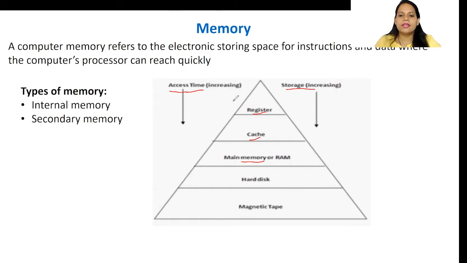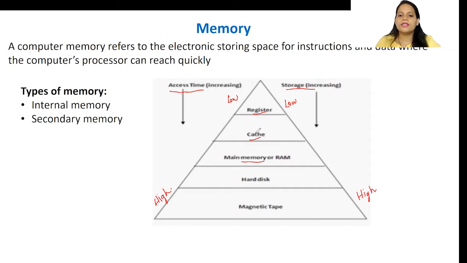It means when it is in the register, the access time is low, and when it reaches magnetic tape, the access time is high. Similarly, the storage is also increasing. At register, the storage is low, and at magnetic tape, the storage is high.